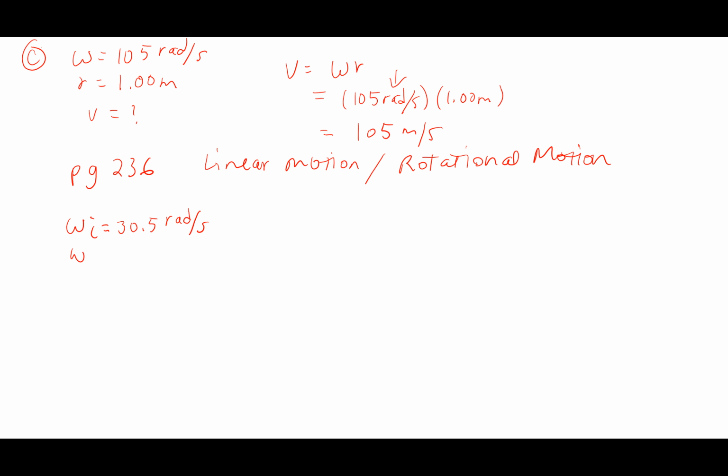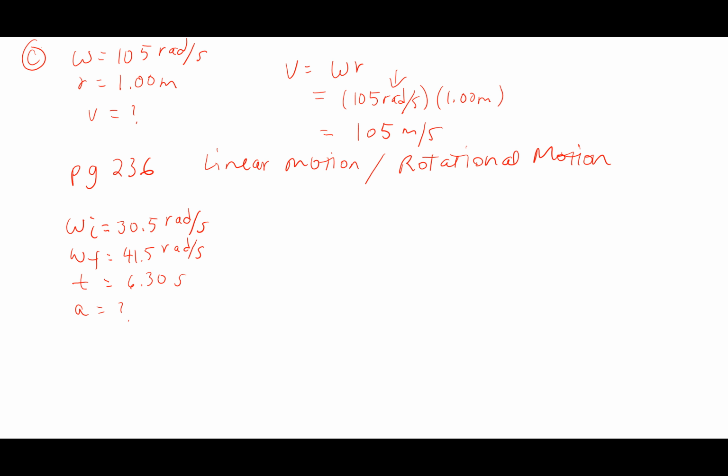So omega final equals 41.5 rads per second. Okay, and then it says within 6.3 seconds. So time equals 6.30 seconds. And then it wants to know A, find its angular acceleration. So we're looking for alpha.